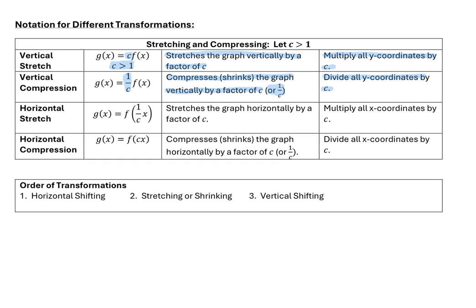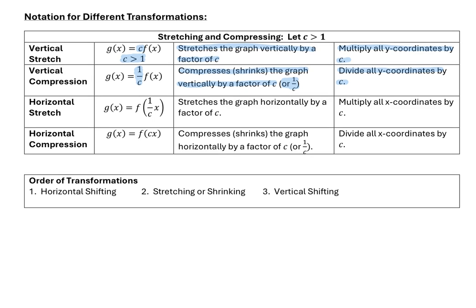The other ones that we have is horizontal. And remember, horizontal, you do the opposite of what it says. So for instance, when we talked about vertical and we saw a 1 over c, we compressed or we shrunk it. Horizontal, we do the opposite. And so what this does is it stretches the graph horizontally. And instead of dividing, we want to multiply all of our x-coordinates by c.